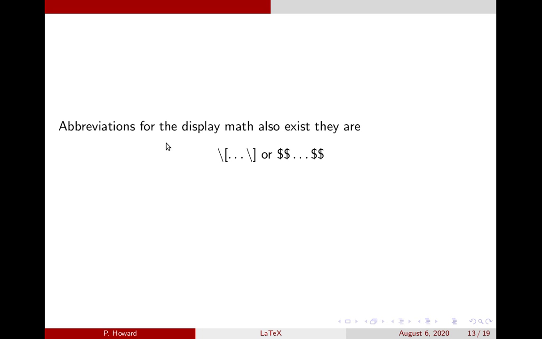And as for the math environment, there are abbreviations for the display math environment. Backslash left square bracket for begin display math, backslash right square bracket for end display math, or simply a double $$ sign for begin and end display math.